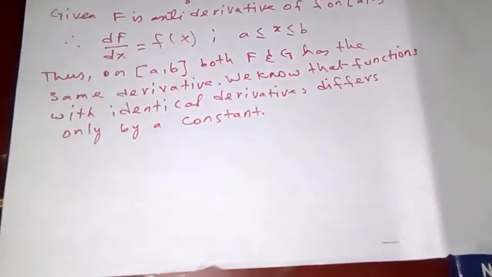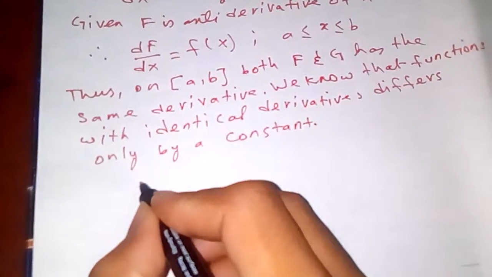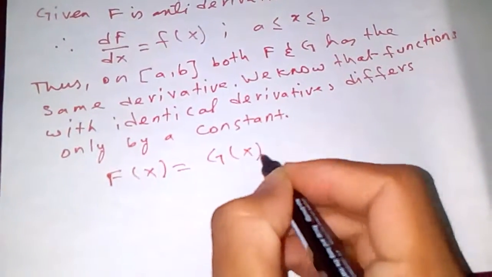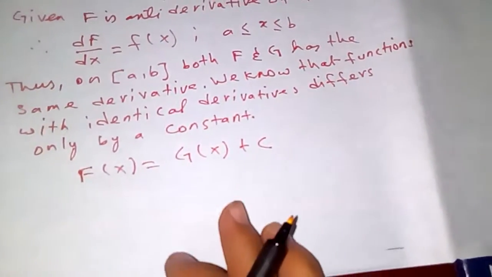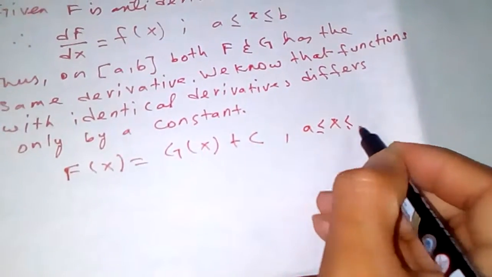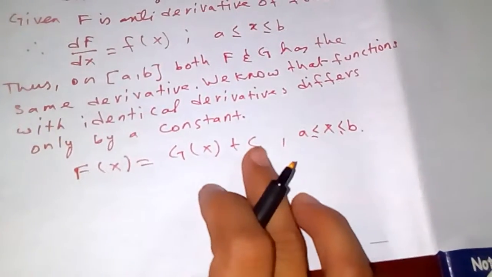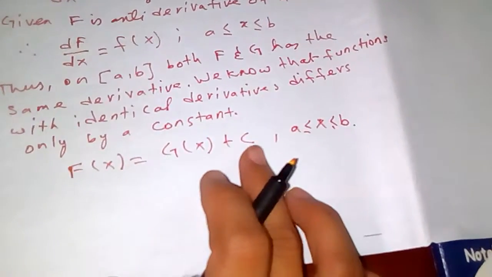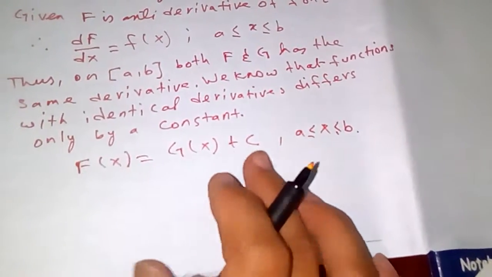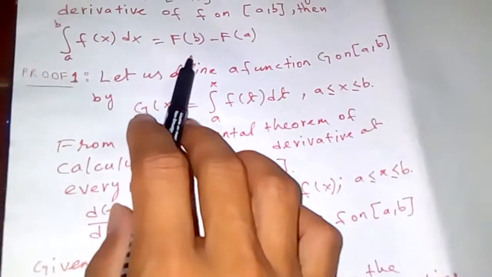So what can we get from here? That means this F of x and g of x differ only by a constant, where c is a constant known as the constant of integration.